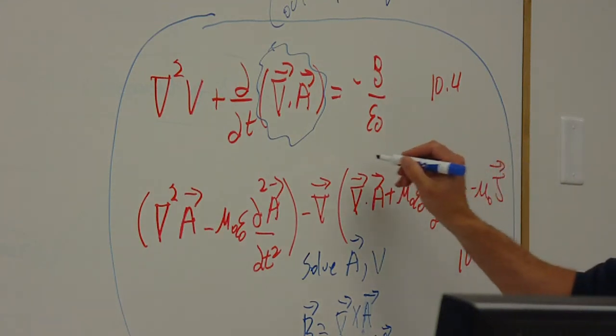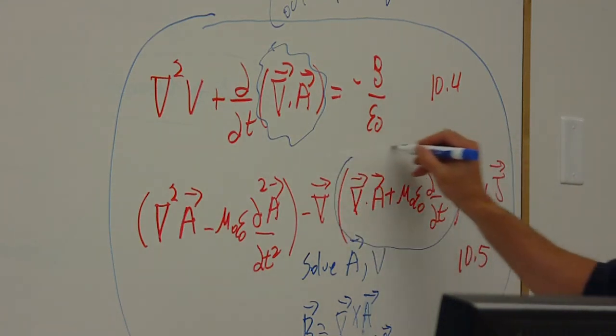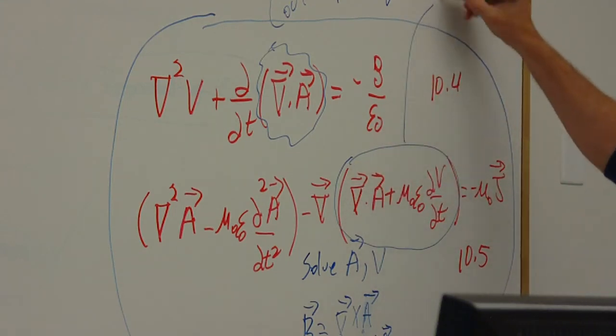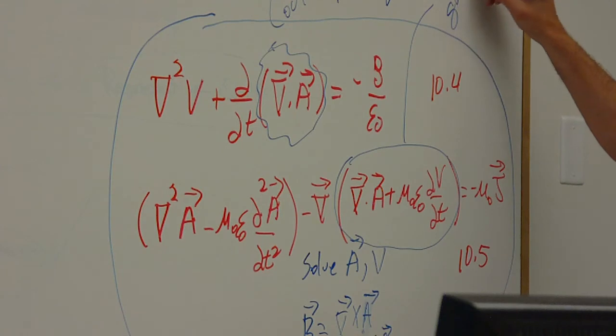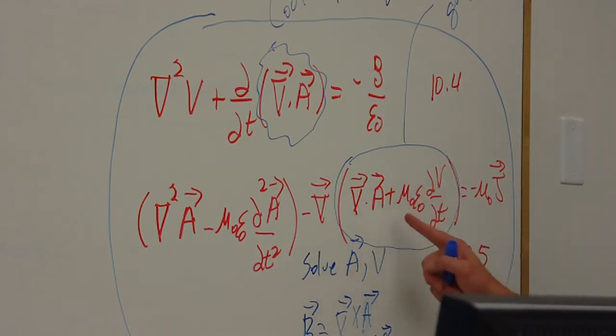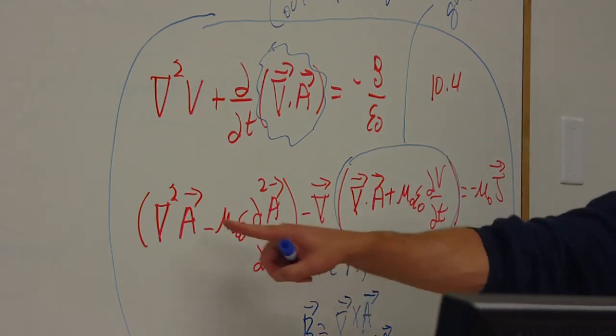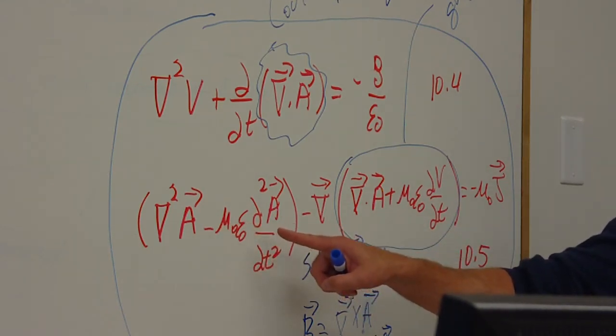And then making this 0 is the Lorentz gauge. If we could make that equal to 0, then we'd be left with, I like the way Griffiths said this, almost the wave equation.